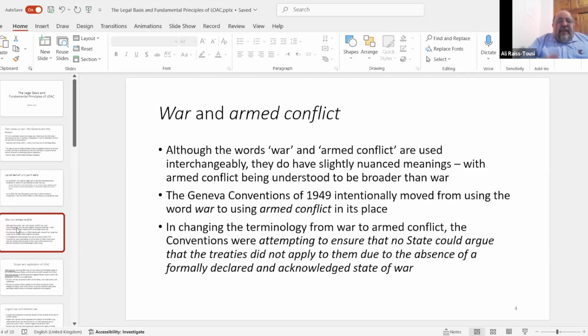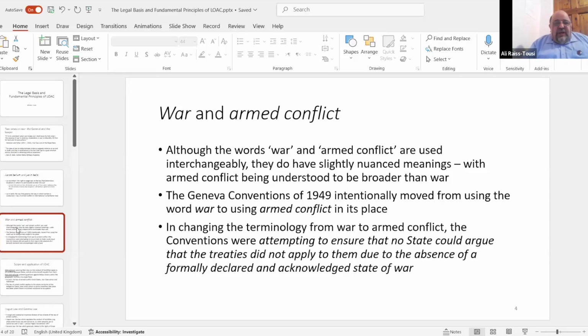However, a state may attack another weaker state, might commit aggression against another weaker state without formally recognizing the situation as a war, without formally accepting and declaring that they are at war.